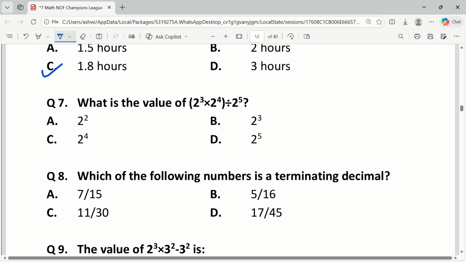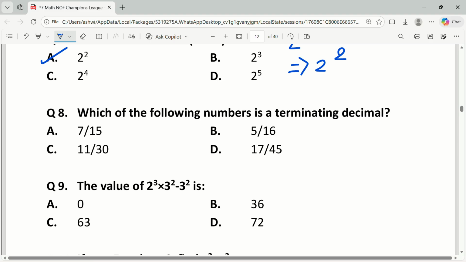Using the rule a to the power m into a to the power n is equal to a to the power m plus n, and the rule a to the power m divided by a to the power n is equal to a to the power m minus n, we have 2 to the power 3 plus 4 minus 5, which is 2 to the power 2. Comparing with the options, the answer is A.